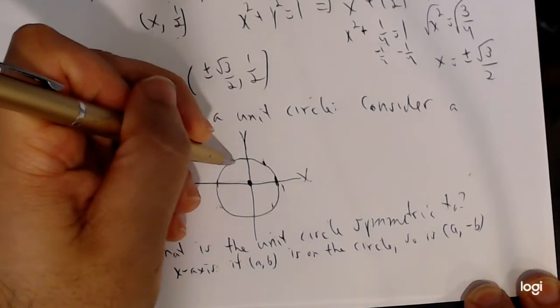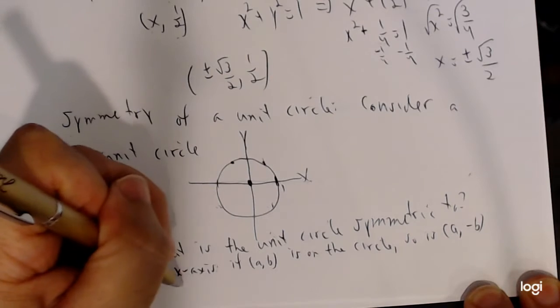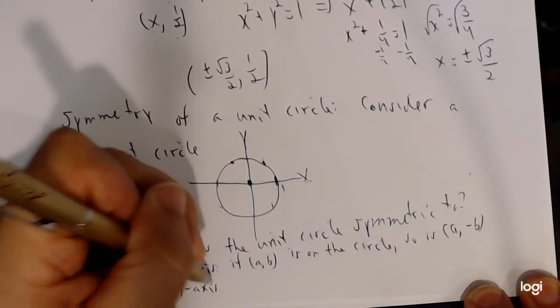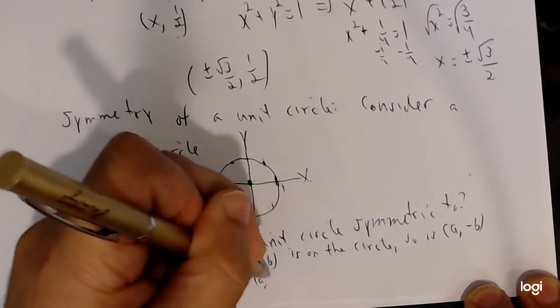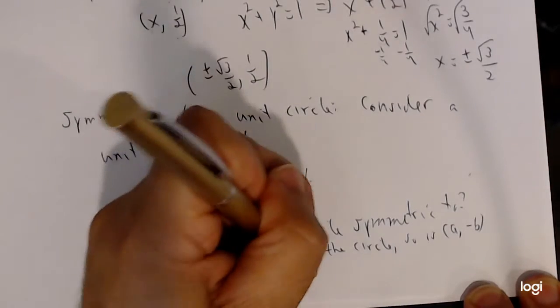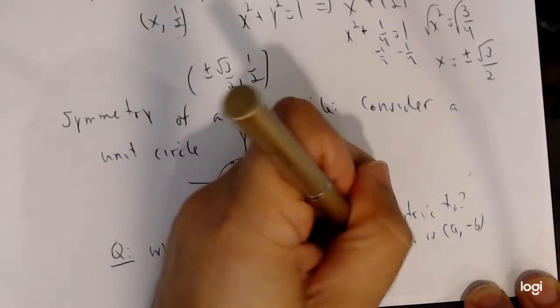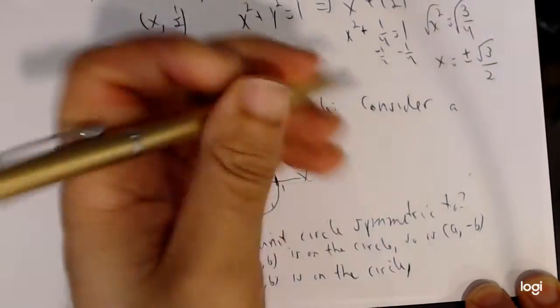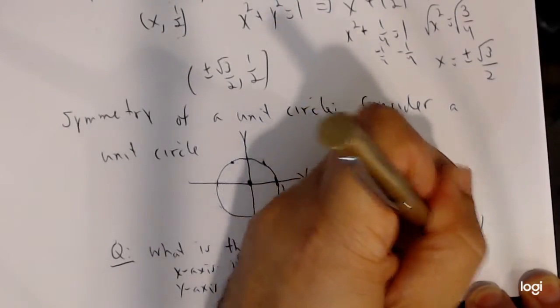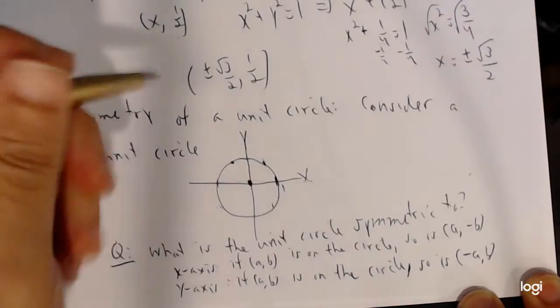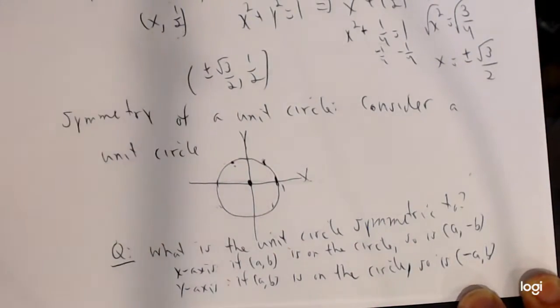What else do we know? It's also symmetric with respect to the y-axis. So for the y-axis, if (A, B) is on the circle, we can then say so is (-A, B), which basically means the x values are opposites.